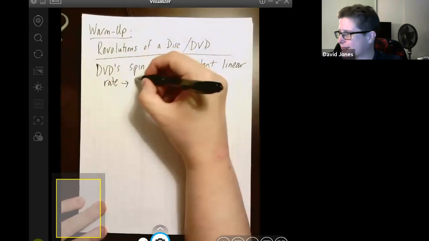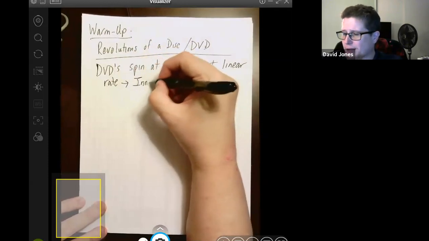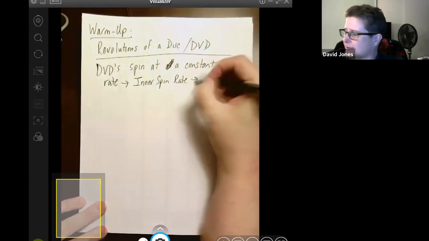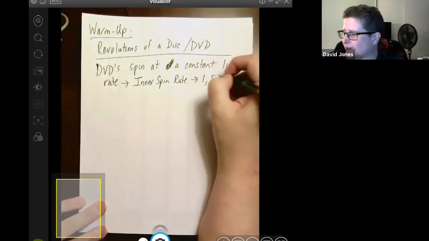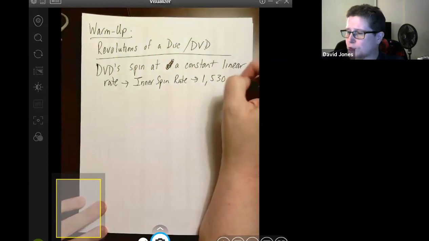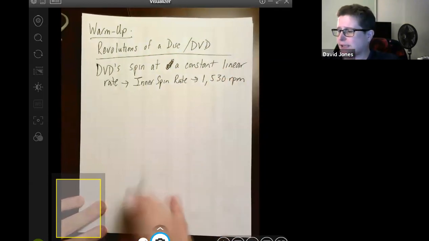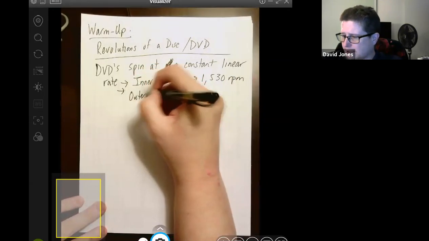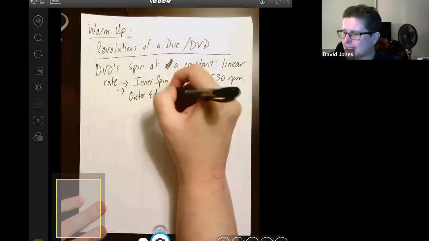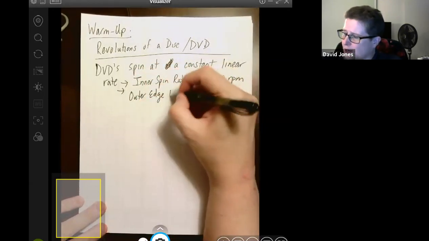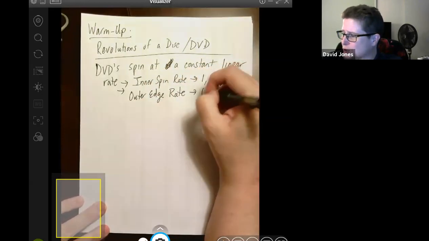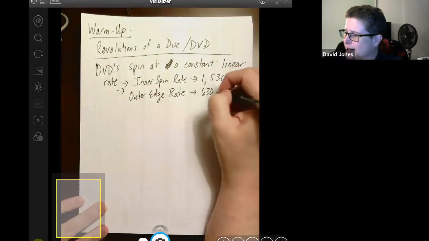The inner part of the disk, inner spin rate, does 1,530 revolutions or rotations per minute. And the outer edge has to cover the same amount of distance, but the distance is much wider there, or longer there, so it goes slower, 630 RPMs.